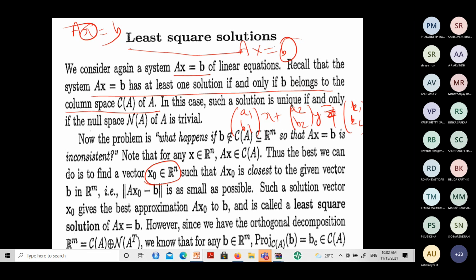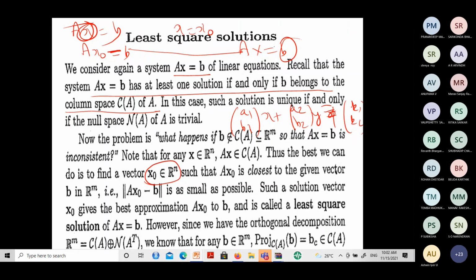So I'm trying to find at least some value of x, says x naught, in such a way that Ax naught is near B. Okay, Ax not equal to B. That way it will happen. Or at least the distance between Ax naught and B, or if you subtract Ax naught and B, the difference is very minimum. Right? Not exactly. You cannot find an exact solution.